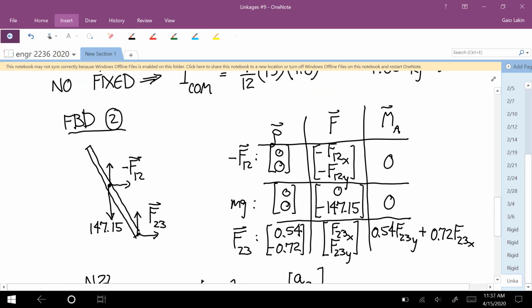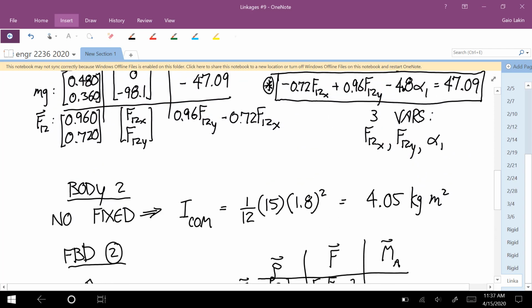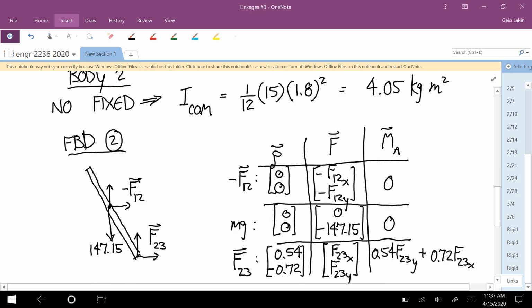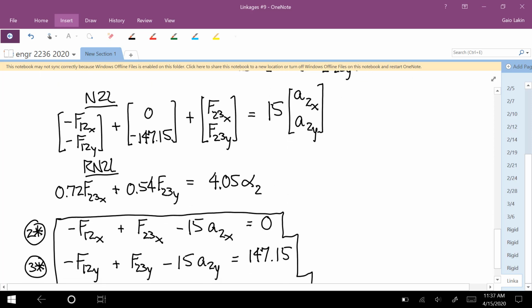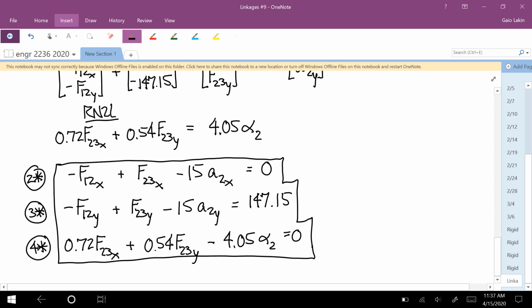Well, for variables, sorry. We had 3 variables before, F12, the vector, and alpha 1.